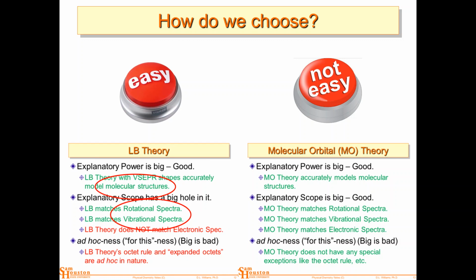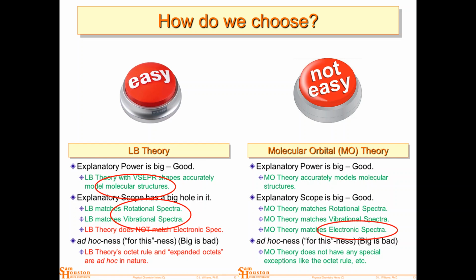And so if you can use a pencil and paper for a theory, go with it, as long as that's within the scope of that theory. And that's the words I want you to think about today. If it's within the scope of that theory, and that's the easiest route, you can use it. But if it's not within the scope of that theory, don't try to force that theory to do something that it can't do.